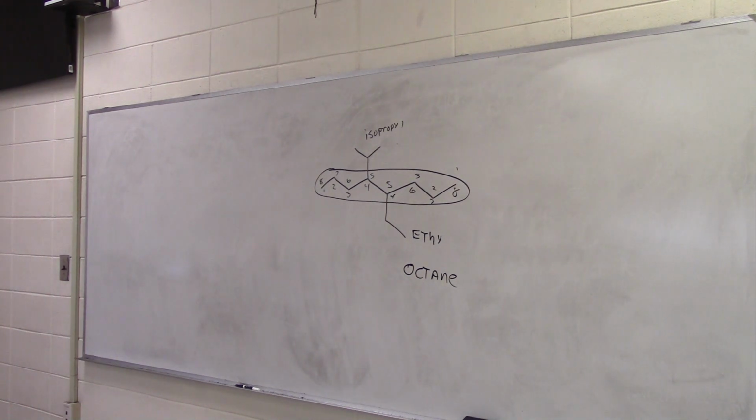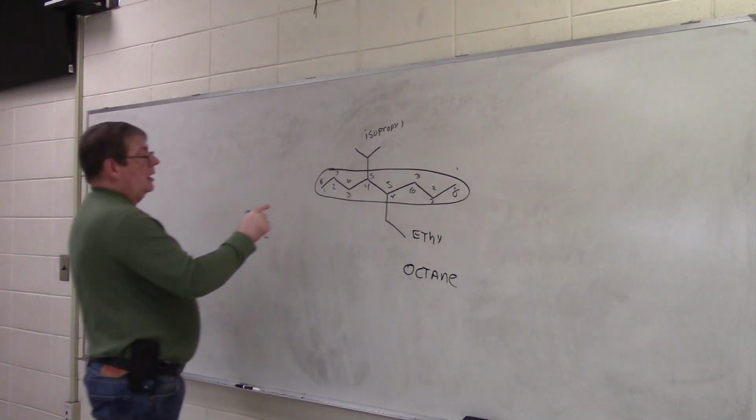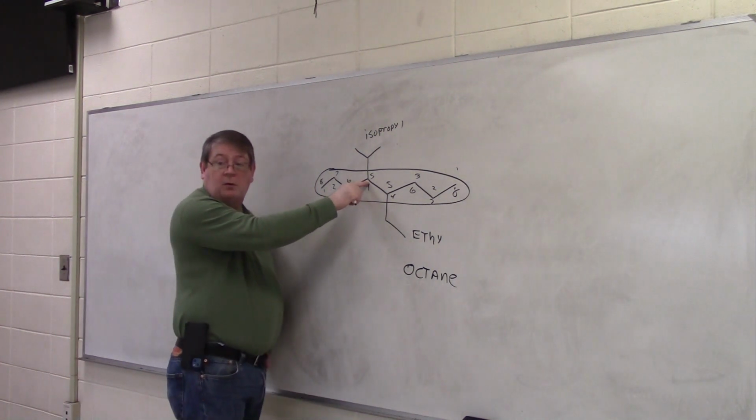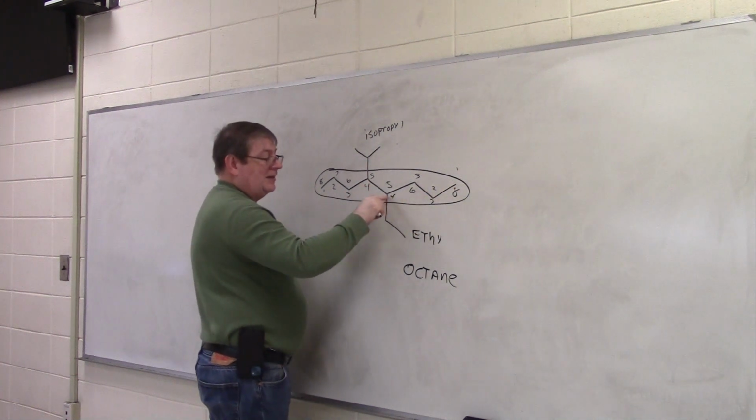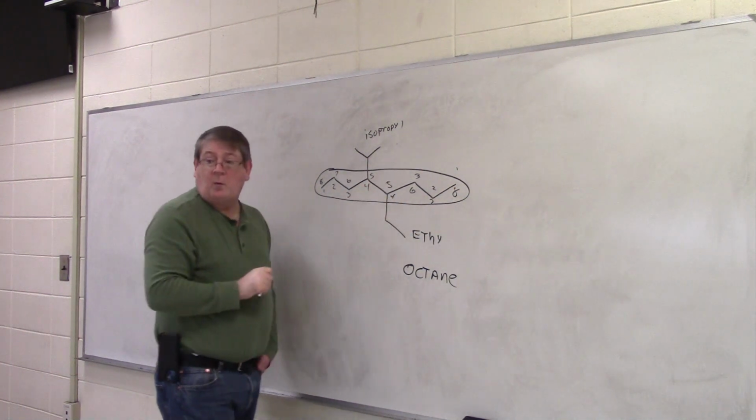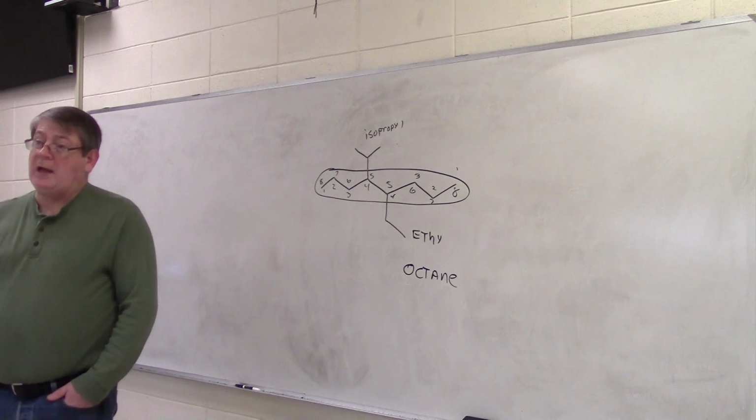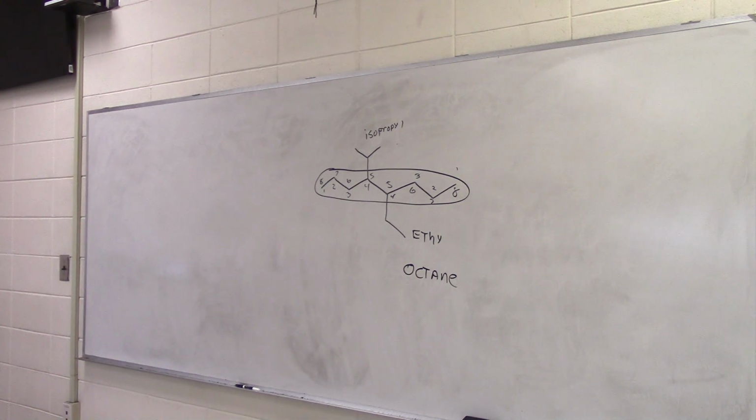Because of the lowest number substituents. Now I come to this substituent at carbon number 4, right? If I go this way, I get to this first substituent also at carbon number 4. It's the same both ways. That first point of branching is going to be the same both ways. So I've got to figure out, now I've got an ethyl and an isopropyl.